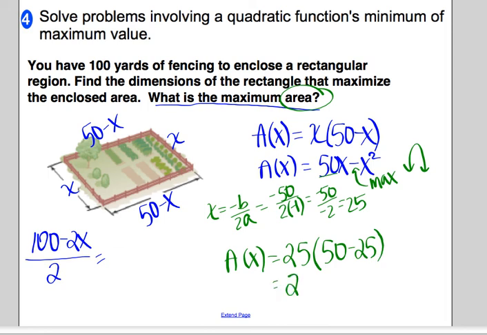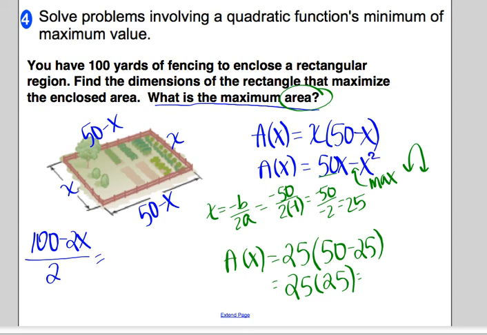So 25 times 25, 625 square yards. Now that's not the only possibility for the area, but that's the maximum area I can get.